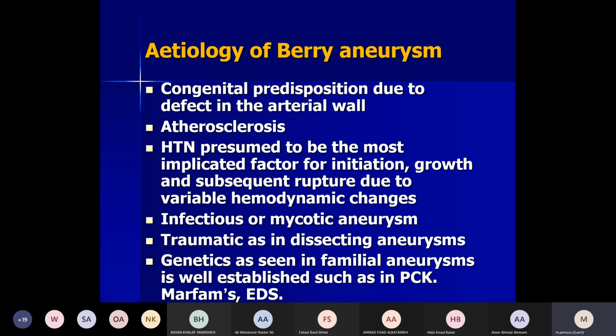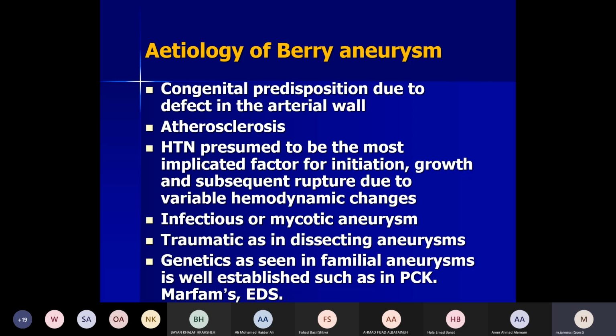So what's the etiology of the aneurysm? We don't know the exact pathogenesis for the formation or the occurrence of the aneurysm, but we have two main theories. The first one is the congenital theory, which states that the aneurysm develops because we have weakness in the media layer.